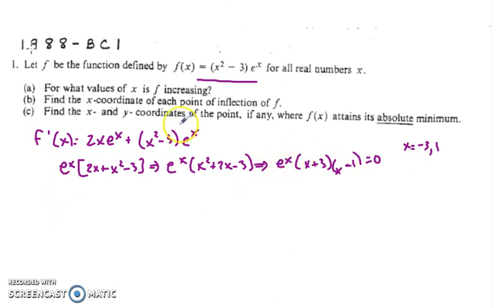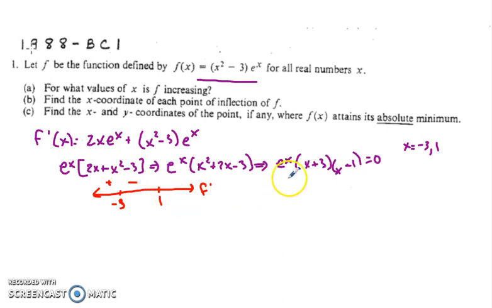So I'm going to do a number line analysis. Remember that the number line analysis is for you only and does not qualify as a complete answer on the AP exam. So if I plug in some value like negative 4, I'm going to get out positive, negative, negative, so positive. If I plug in 0, I'll get out positive, positive, negative, so negative.